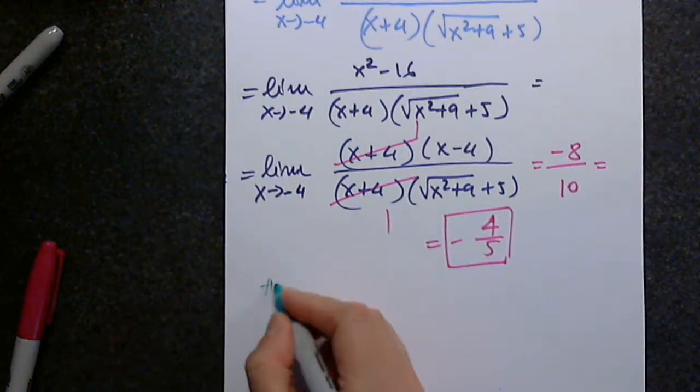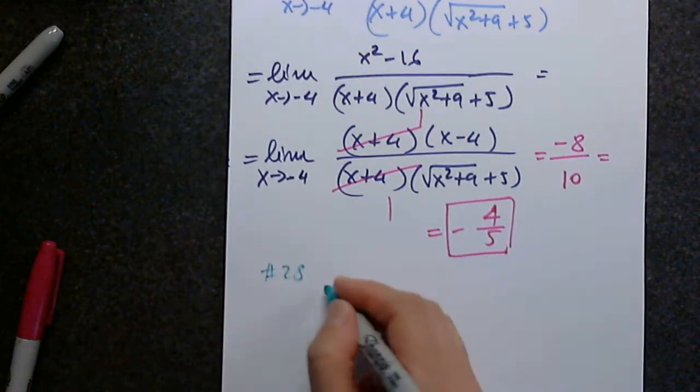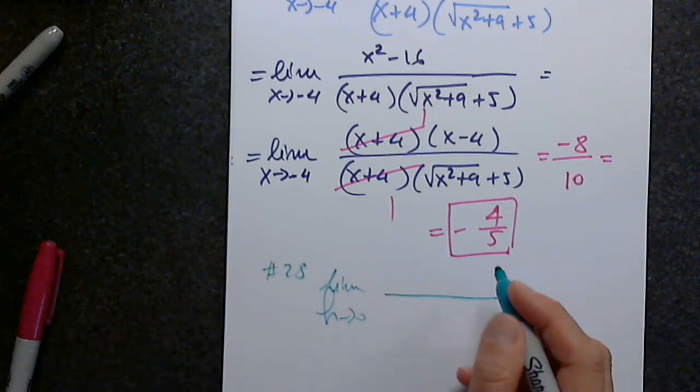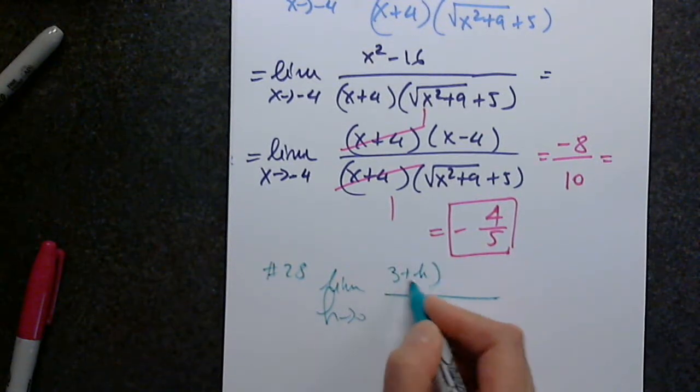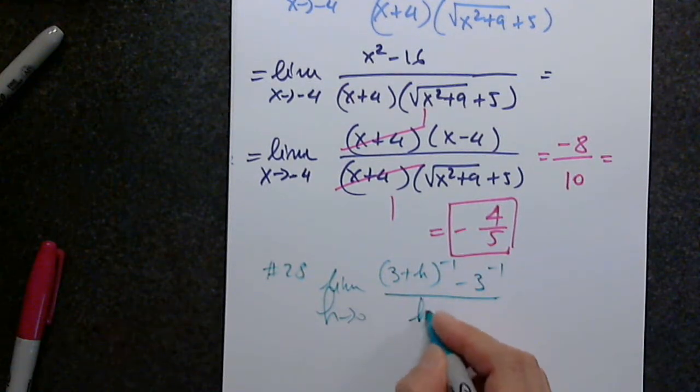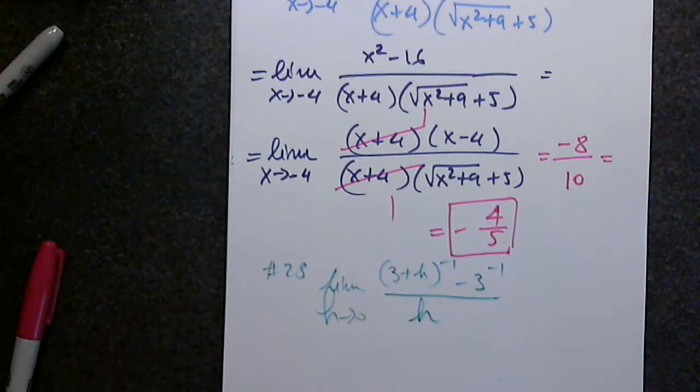Good one. So limit as h approaches 0 of (3 plus h) to the -1 minus 3 to the -1, over h. Perfect pick, actually.